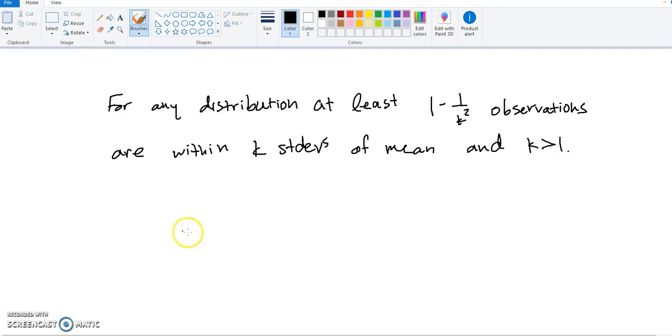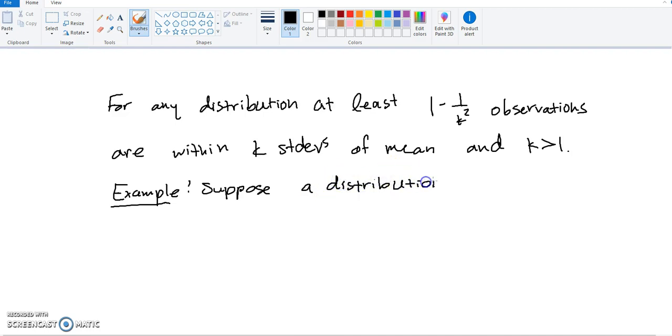So let's do an example. Suppose a distribution has mean 40 and let's say standard deviation 10.